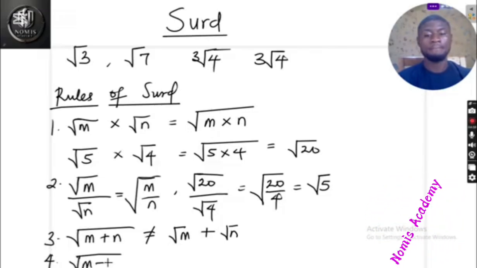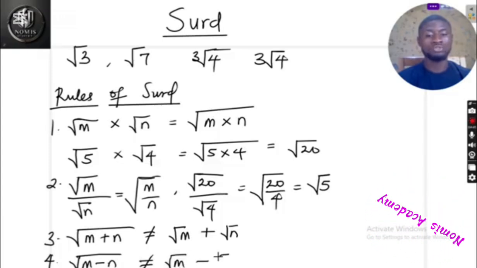Root of m minus n is not equal to root m minus root n. So do not make the mistake of saying this is equal to this. It is never equal. However, in terms of multiplication and division, it works, and it is perfect to be taken like that.